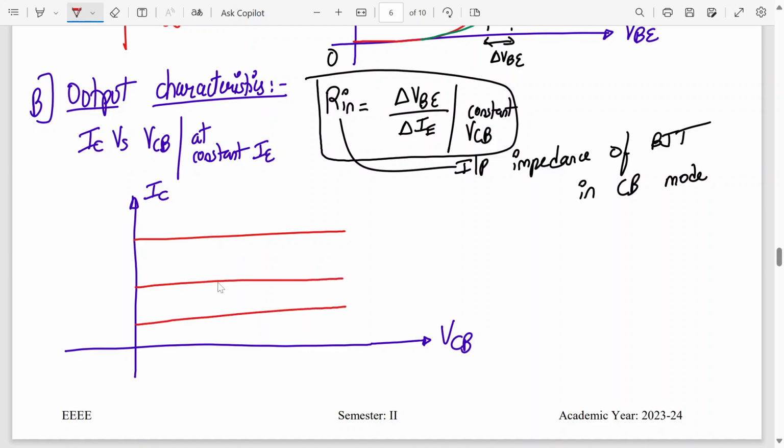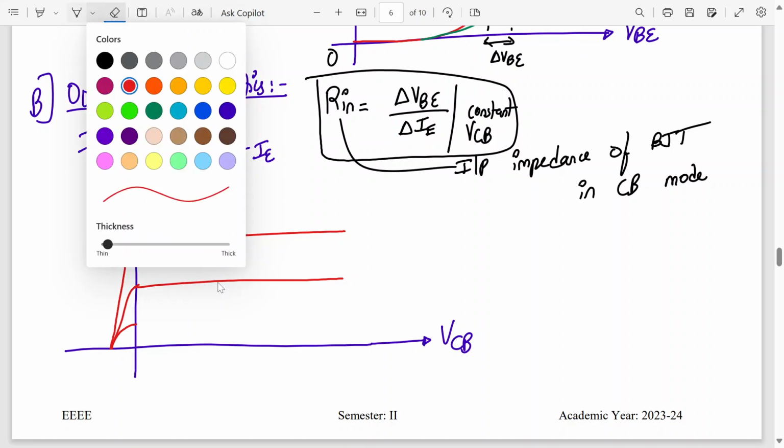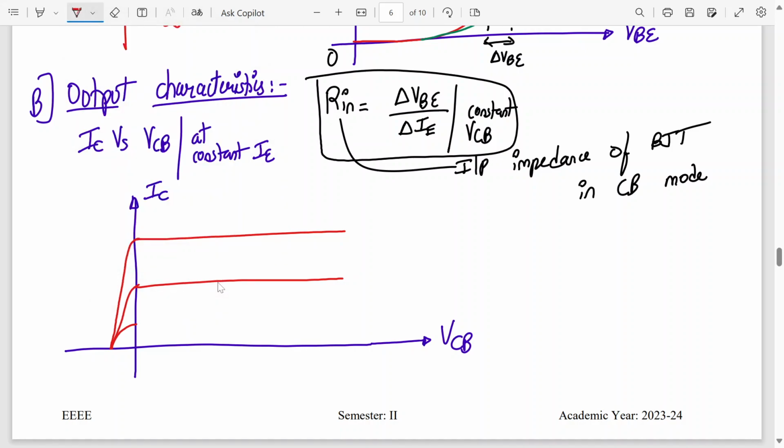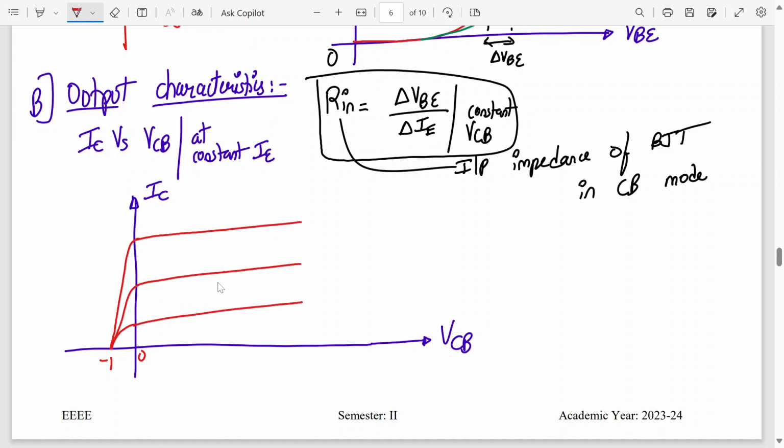Okay, almost constant, and here it will go to the negative side, like this. Alright, it will meet at a negative axis. Let's say this is -1. Again there will be a slight slope, a slight increase in the current, but this won't be exactly a straight line. This is for different values of IE: IE3, IE2, IE1.